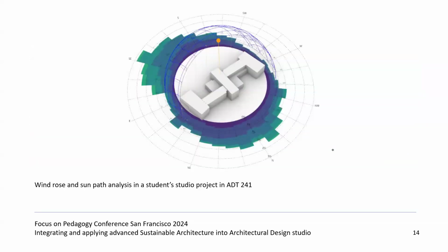By the end of the classes, when the students have all the skills in Autodesk Forma and Climate Studio and also other applications, they start to apply their knowledge in their design studio projects. For instance, I just selected one of the students' projects here, and as you can see, the student used site analysis that comes from Climate Studio.